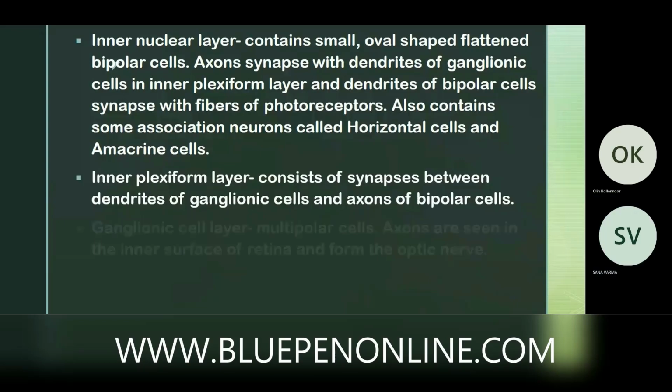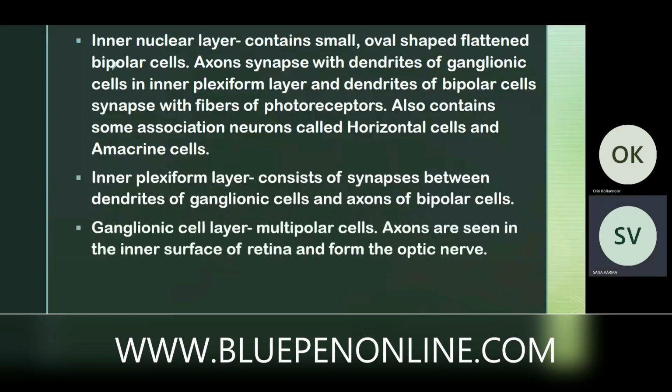Okay. Then comes the ganglionic cell layer, which is another group of neurons, the ganglionic neurons or ganglionic cells. And it is the axons of the ganglionic cells that form the optic nerve. They are seen in the inner surface of the retina and they form the optic nerve.